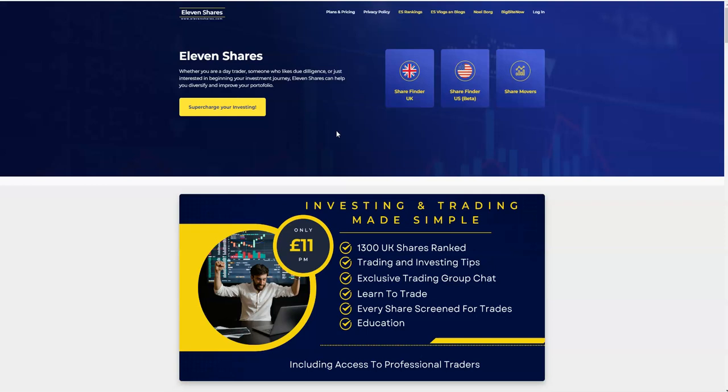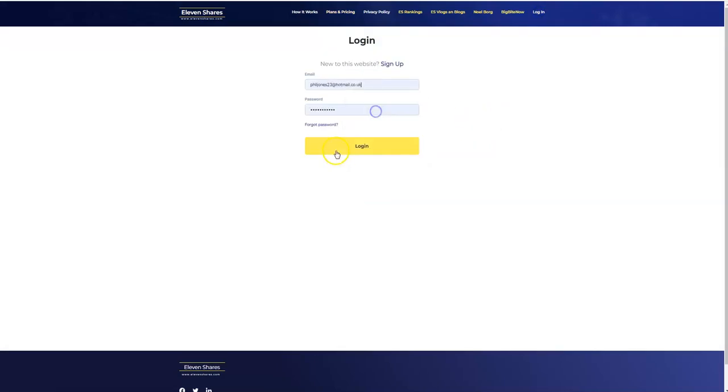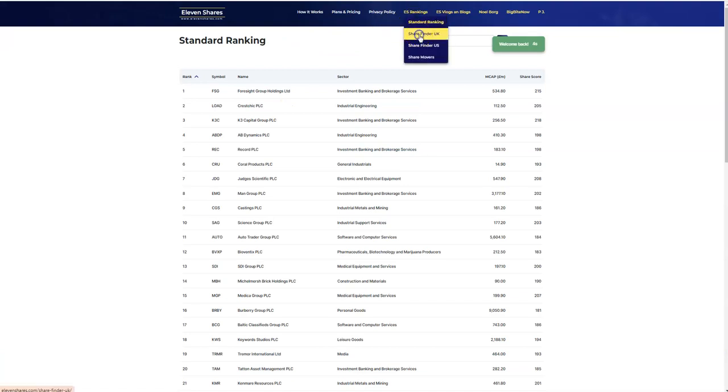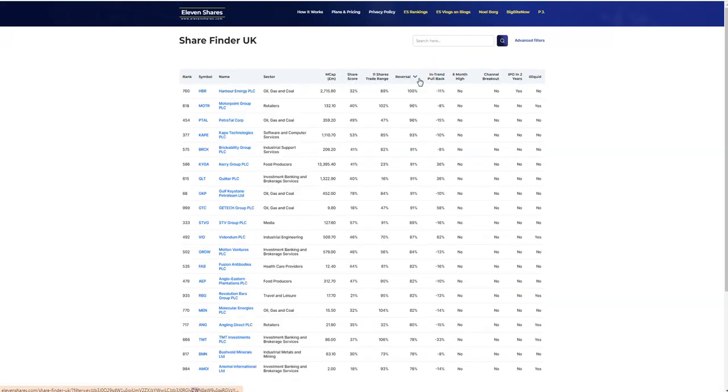So the stochastic indicator, which you can find within our share rankings page, I'll just log in, you will see that each time you click through to a share within the Share Finder UK page, I'll just pick one that's more prominent so we can actually see what's going on with it.